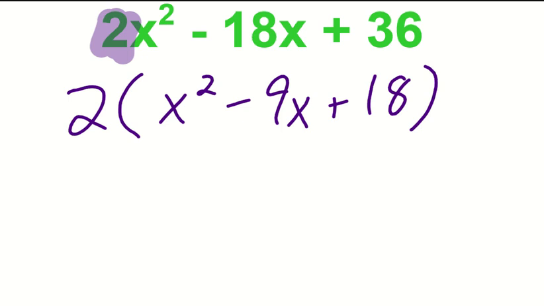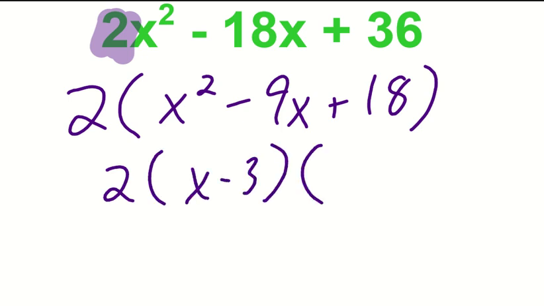Then if we're factoring that, we're looking for what multiplies to make 18, subtract or adds together to make negative 9. So that's like we just had. That's our x minus 3 and our x minus 6, sorry. Right? Everybody see how that works though?